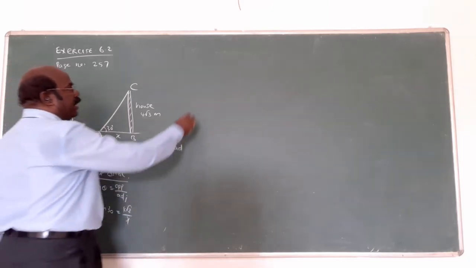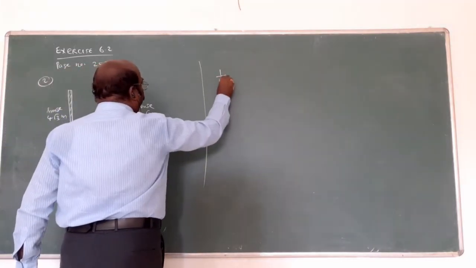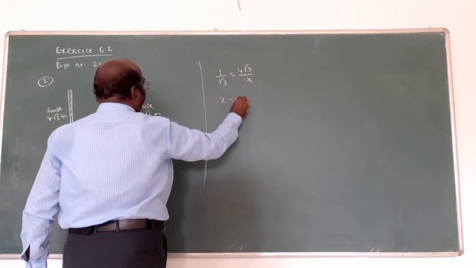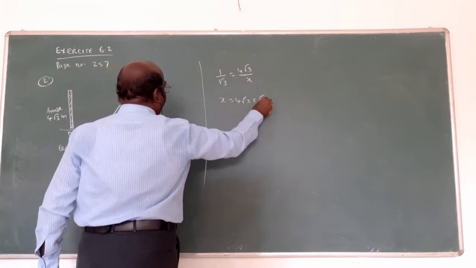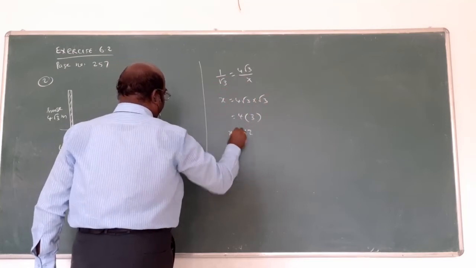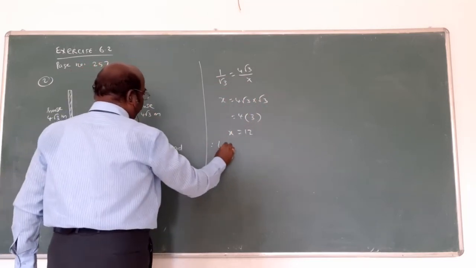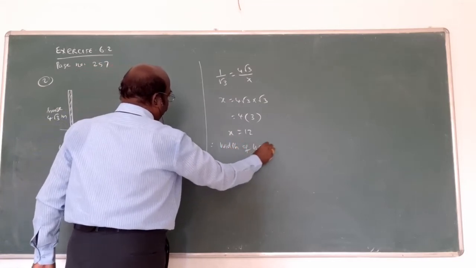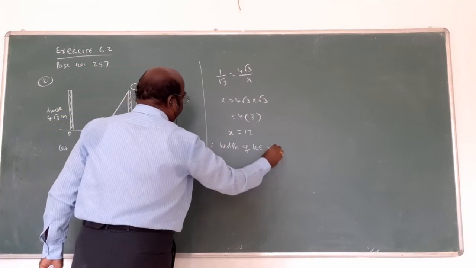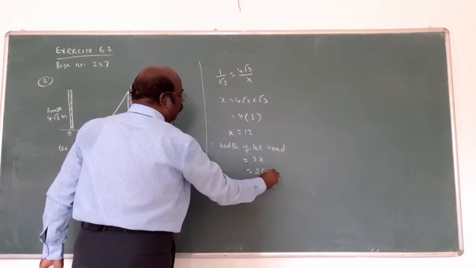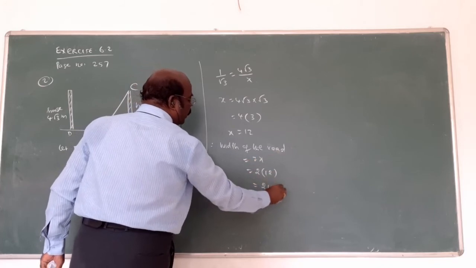What is the value of tan 30? 1 by √3 equals 4√3 by x. We want x. Cross multiply: x equals 4 into √3 into √3, which is 4 into 3, so x is 12. What is asked? Only the width of the road. That is 2x, 2 into 12, so 24 meters is the width of the road.